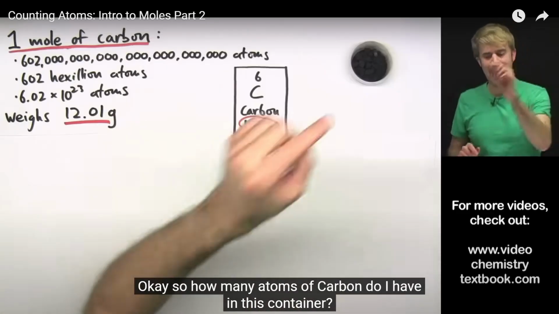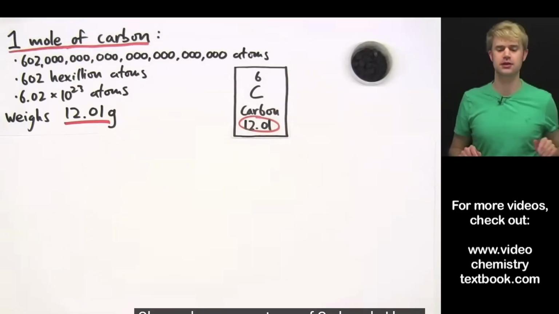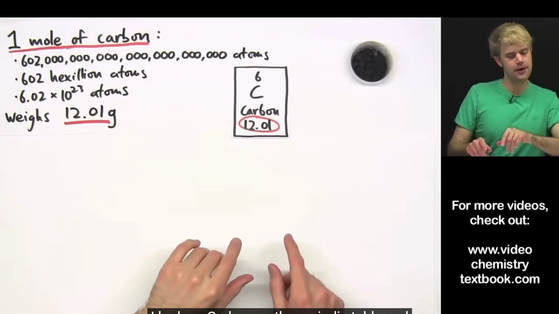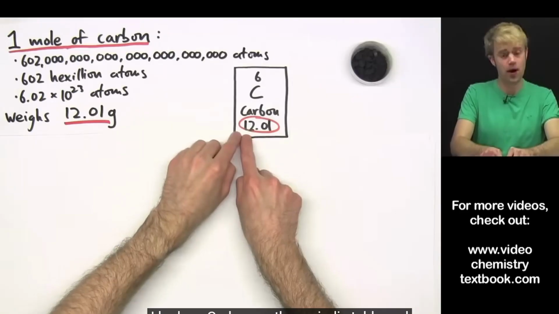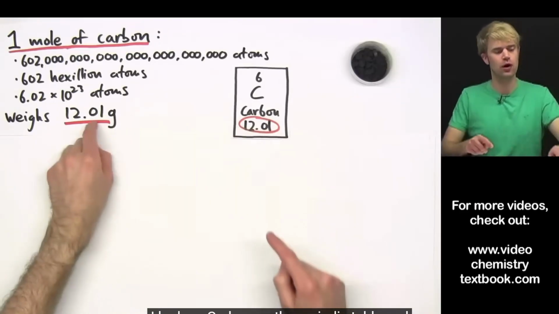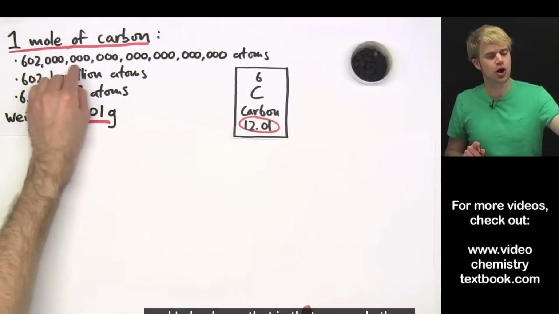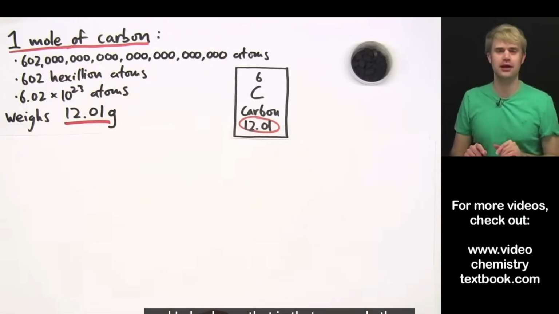Okay, so how many atoms of carbon do I have in this container? Well, let's think about moles of carbon. I look up carbon on the periodic table and I find out that 1 mole weighs 12.01 grams. And I also know that in that 1 mole, there are 602 hexillion atoms.